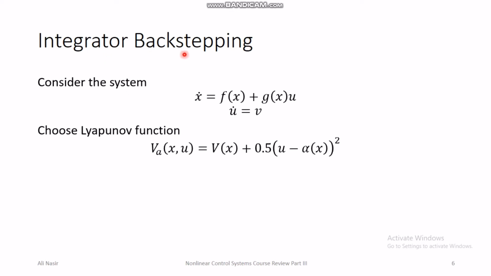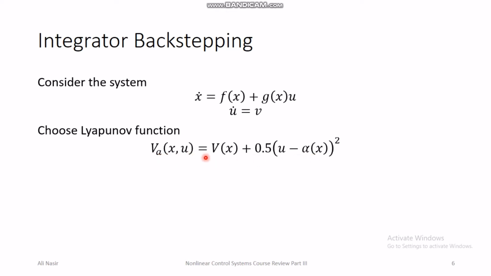So if you have a system of this type, where some part of the system is affine and the other part is just the integrator of a state, so the integrator of the control input is equal to the state, you will see that this type of Lyapunov function will always work.